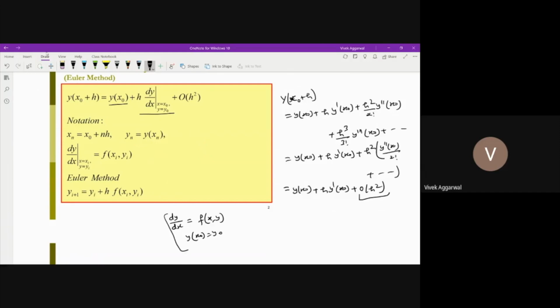So this is my first order ODE, and in this case we want to solve it numerically.